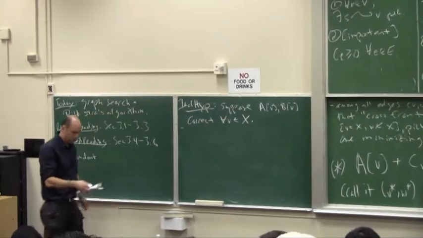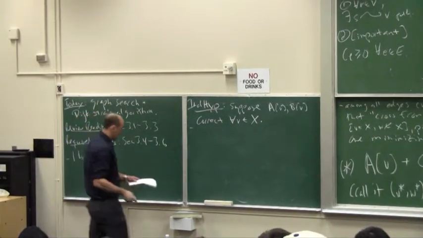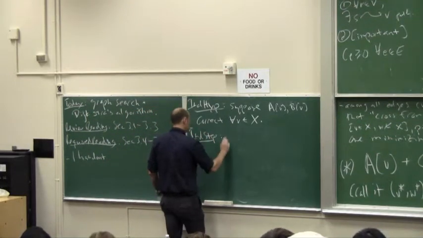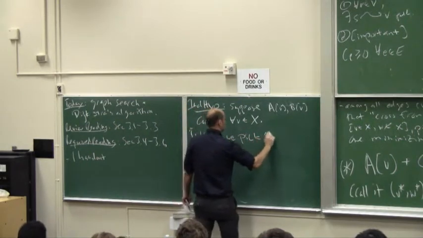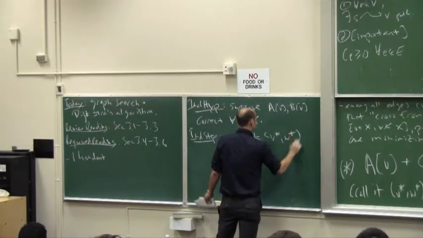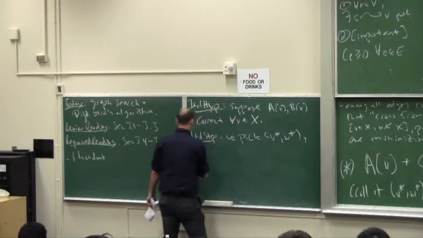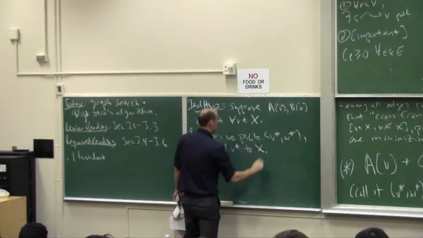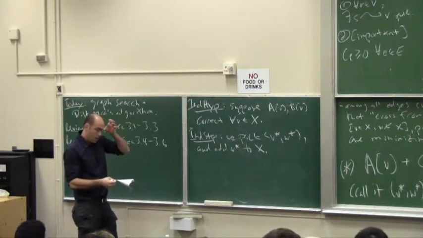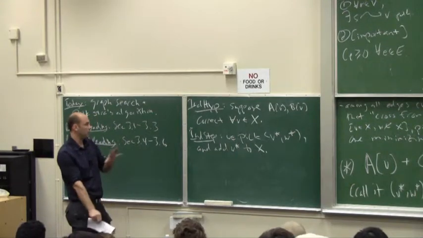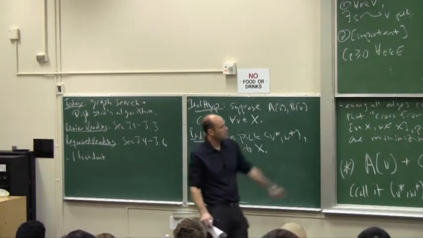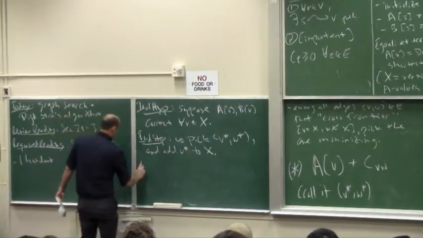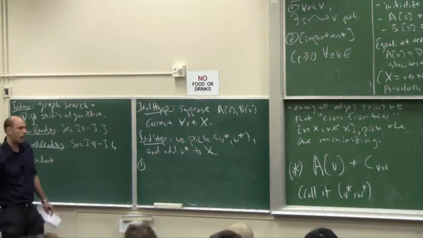Suppose it's true for some generic subset capital X. And now suppose we're about to add W star to X. Right, so we need to show that our computations for both capital A of W star and capital B of W star, as shown right there, are correct. All right? And this will follow quickly from two observations.